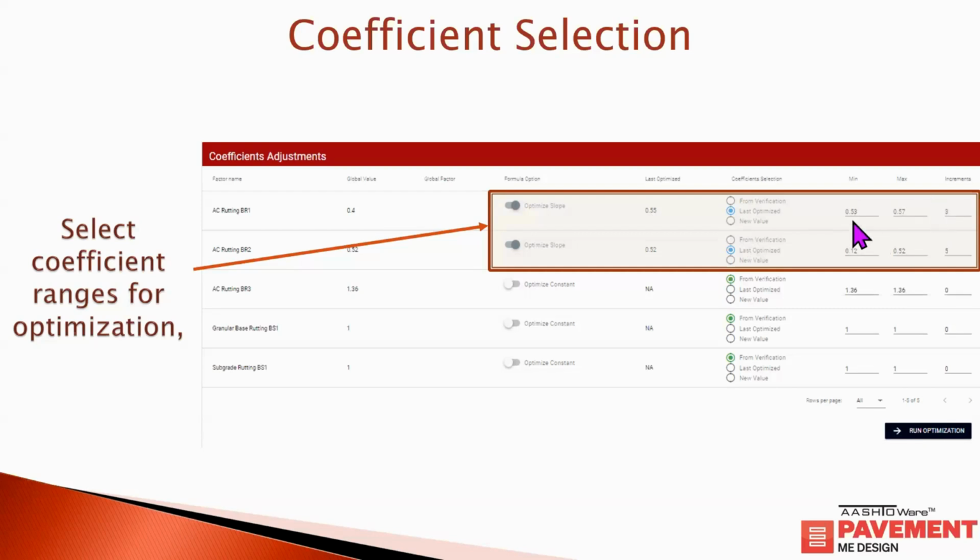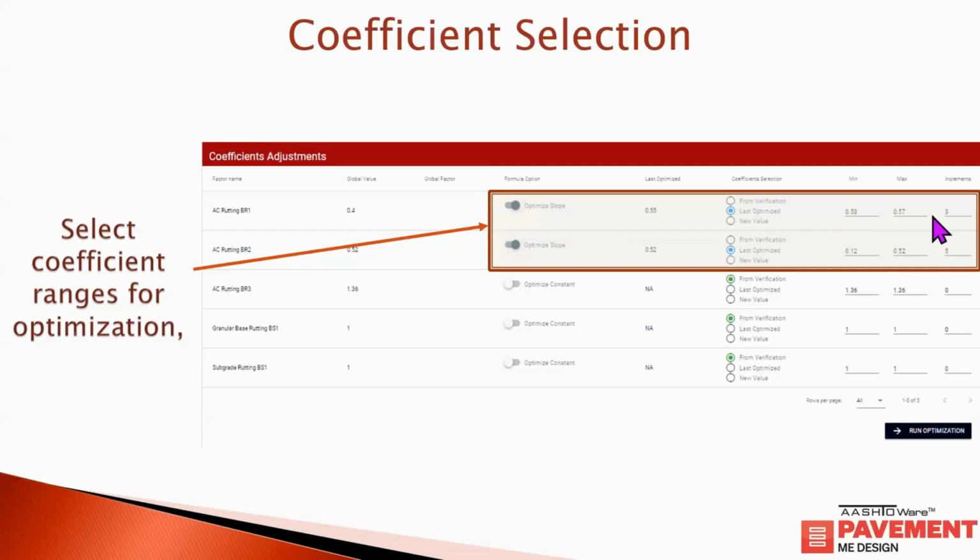So if I have 3 increments, I say 0.53 to 0.57. The first increment is going to be 0.53. The second is going to be 0.55 in between, and then the third will be 0.57. Unlike the pavement ME design, where 3 increments means there are 2 measurements in between.